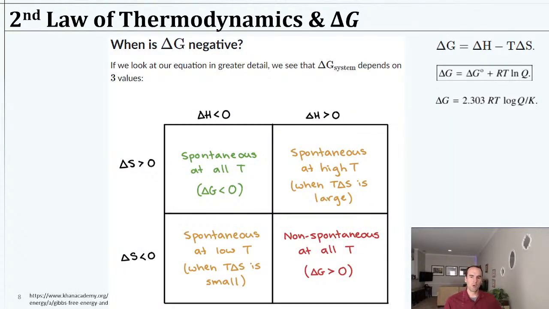Okay, but one more comment here. Now that we know a negative delta G means it's spontaneous, we could look at the different conditions of delta H and delta S, or really of T delta S, and identify what's going to happen in our system.